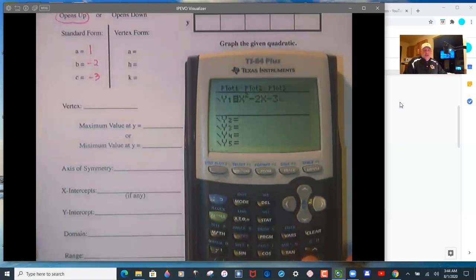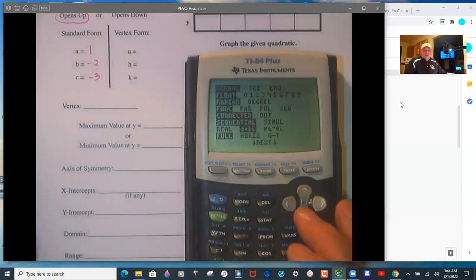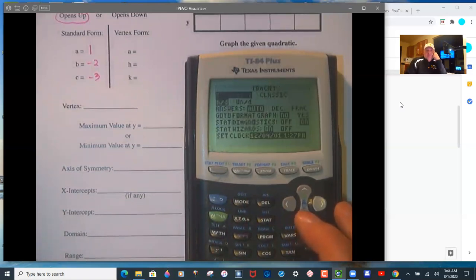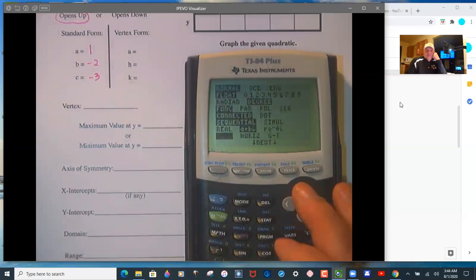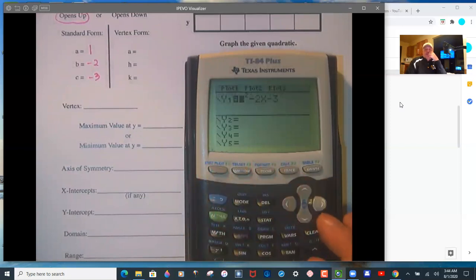And you're going to have to make sure, if this doesn't look right, your mode, we should probably be in degrees here. Make sure your mode says all of this and then go to next. So if you don't have all of this like you see here, you need to get it set that way. So if you're not seeing your y equals for some reason.